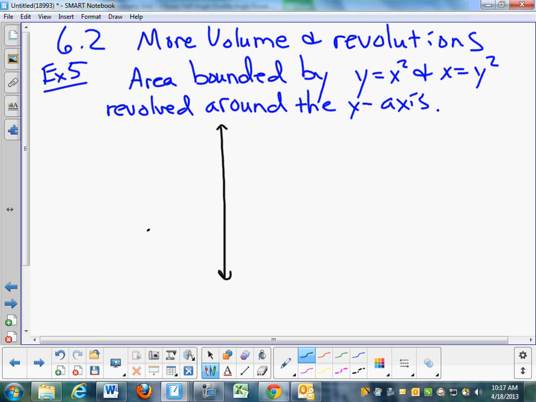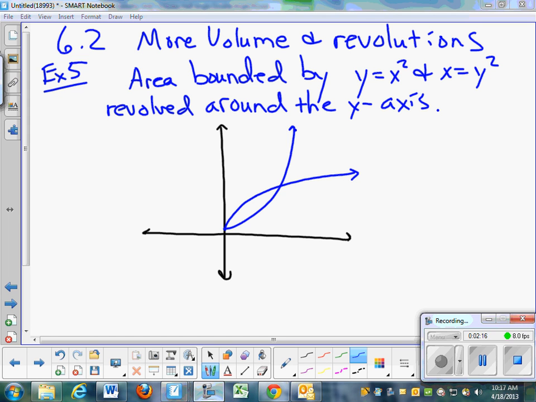Y-axis. Everybody agree that that's the region that we've talked about? Okay.